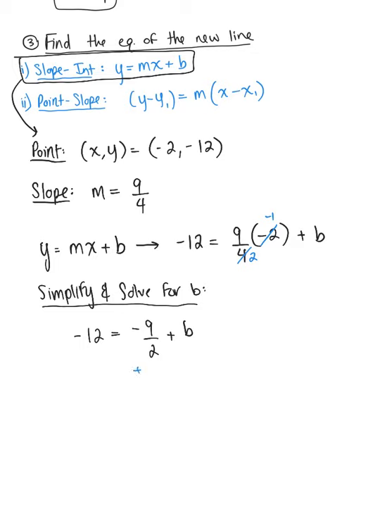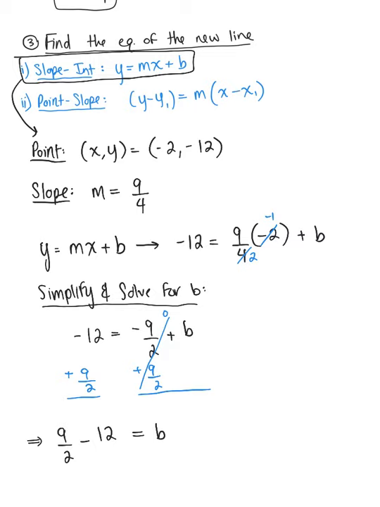So I'll add this 9/2 to both sides of the expression. So on the right-hand side here, the 9/2 minus 9/2 will combine to 0. And this leaves us with 9/2 - 12 = b.